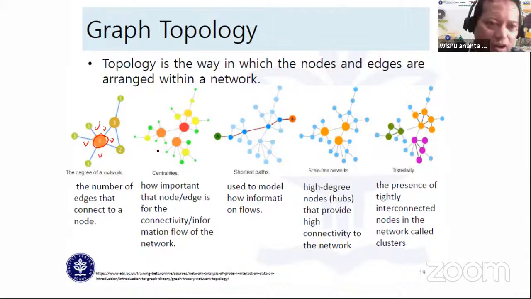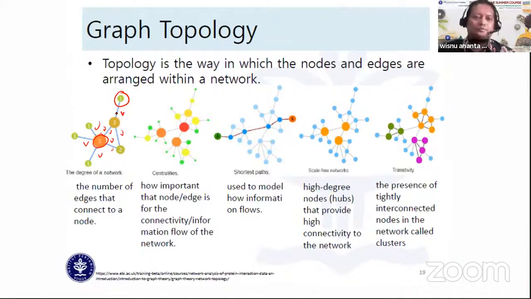But node 3 only has 3 degrees, 1, 2, 3. But this node here only has 1 degree. So intuitively, a node with high degree actually becomes a center of this network.